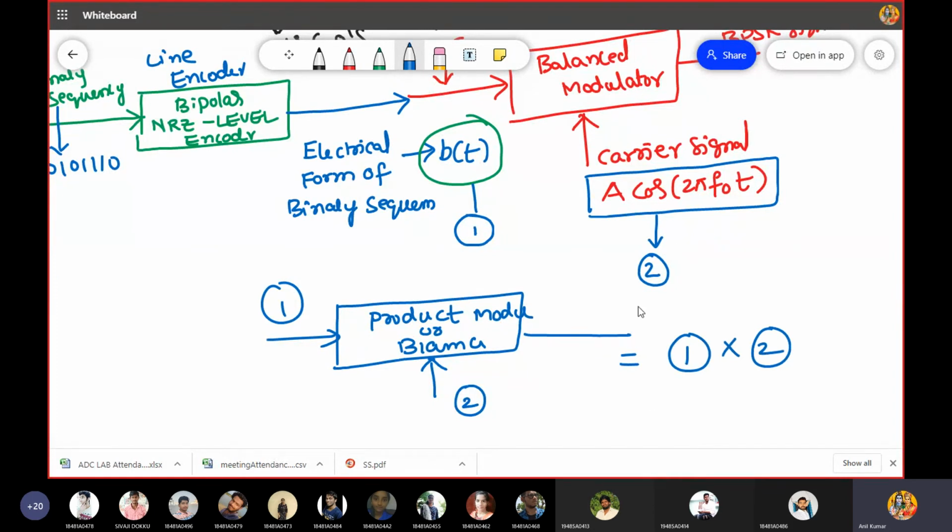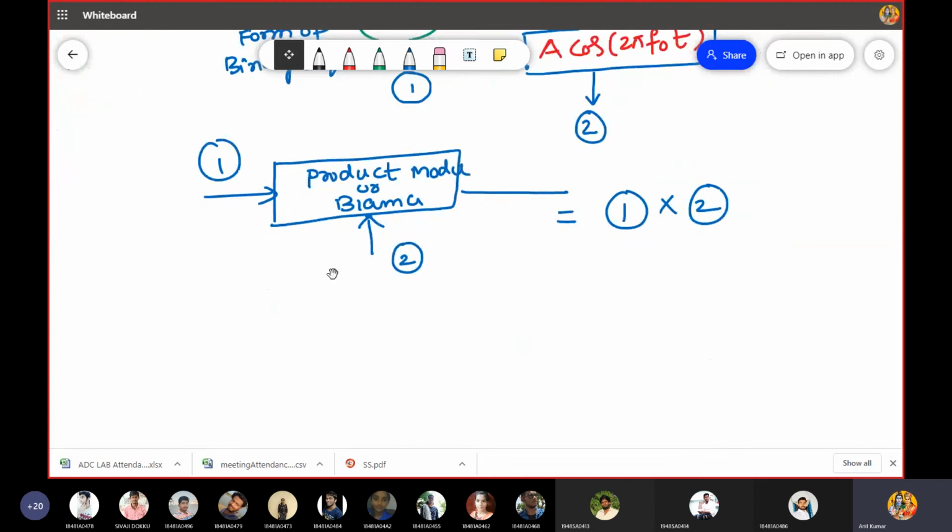So the product modulator output is equal to: the first signal is B of t, and the second signal is A cos 2 pi f naught t.